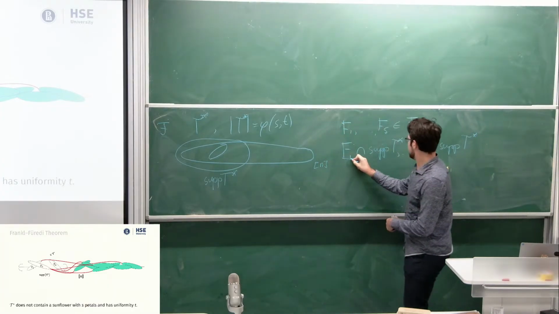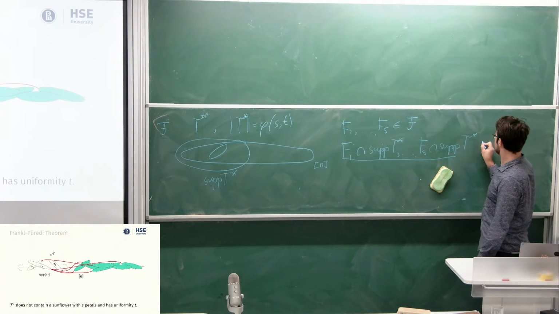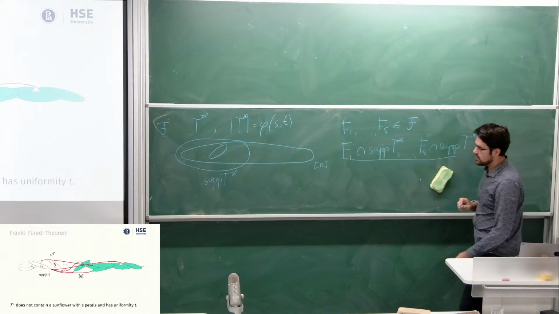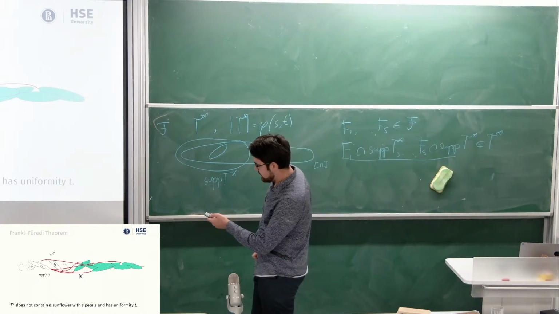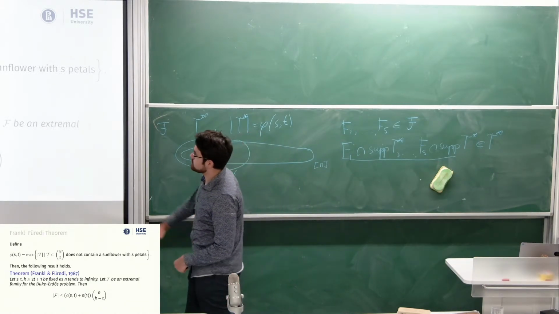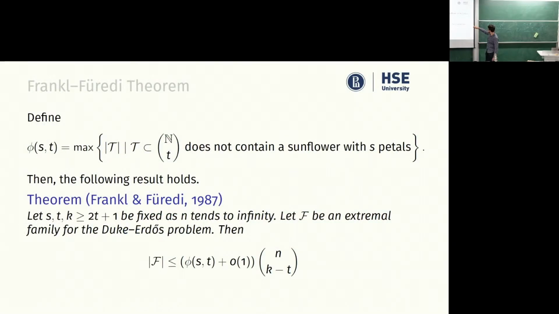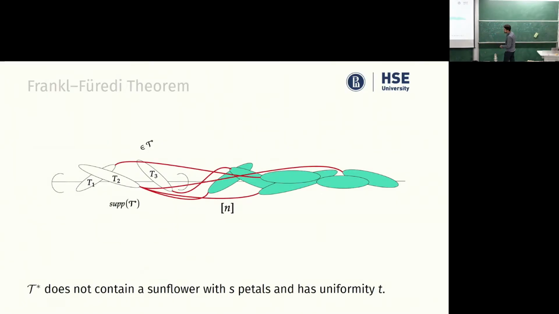But these sets, by the definition of F, should belong to T star. I've chosen T star to be a family without sunflowers of size S and core at most t minus 1, but it doesn't matter because we have uniformity t. So we get a contradiction.